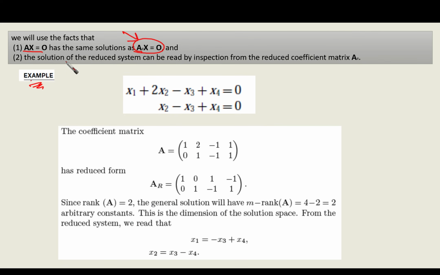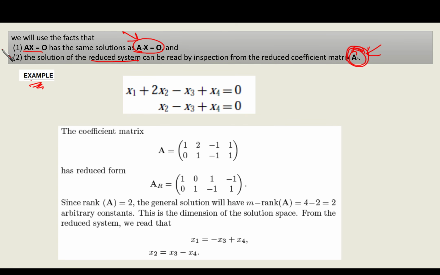And fact number 2: the solution of the reduced system can be read by inspection directly from the reduced coefficient matrix. We are not going to solve the reduced system, no need for this. It is easier for us to inspect the reduced matrix.